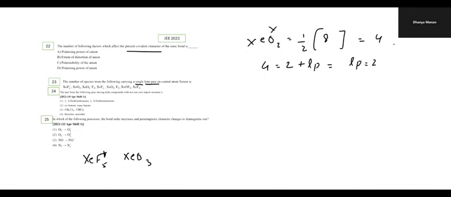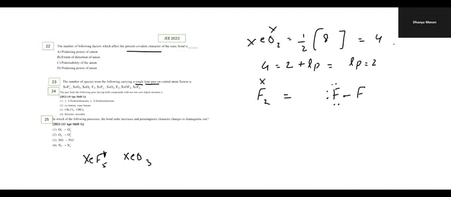Then F2. So F2, this is F and F. So 1, 2, 3, 4, 5, 6, 7. So this is not our answer. Okay, there's no single lone pair here.